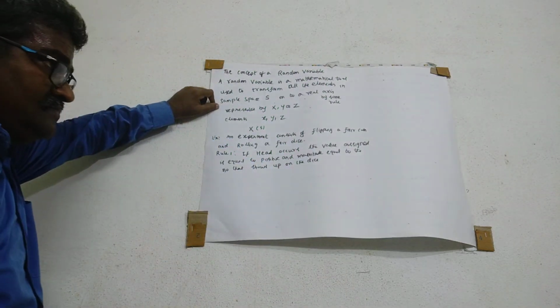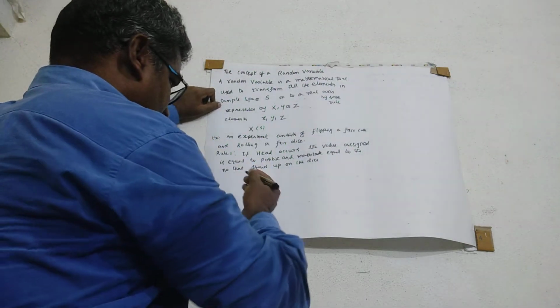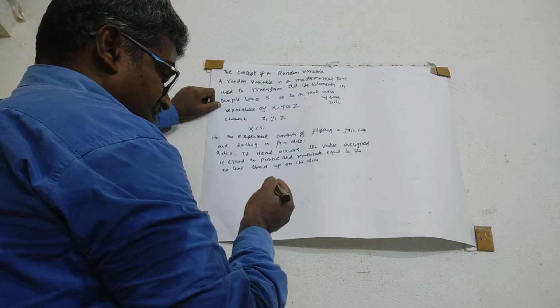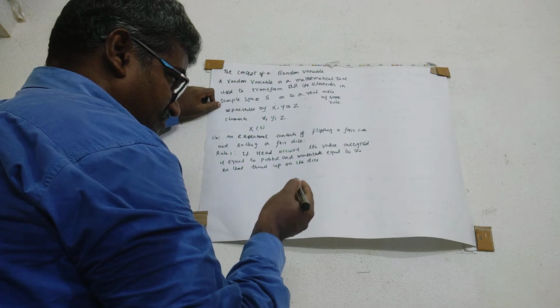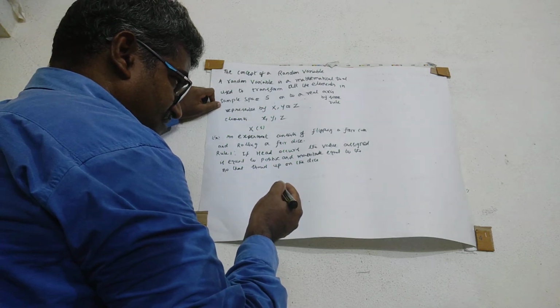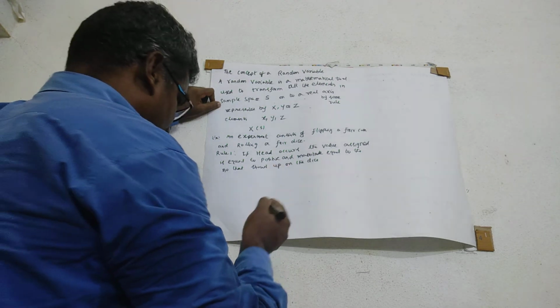Okay, Rule 1 states that if head occurs, then the value assigned for the concerned element is positive and the magnitude is the same as the number that shows up on the dice.